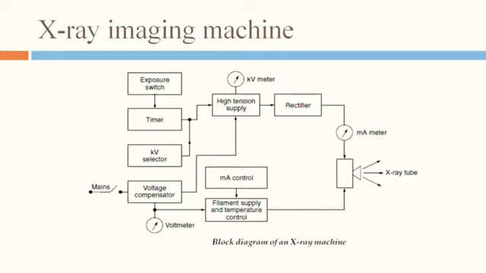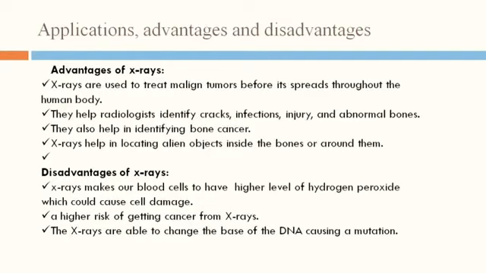Moving to the next concept: the applications, advantages and disadvantages of X-rays. As we know, X-rays are electromagnetic radiations which have a wavelength shorter than ultraviolet rays but longer than gamma rays. These hard X-rays are commonly used to take radiographic images because they are able to penetrate solid objects like our bodies.